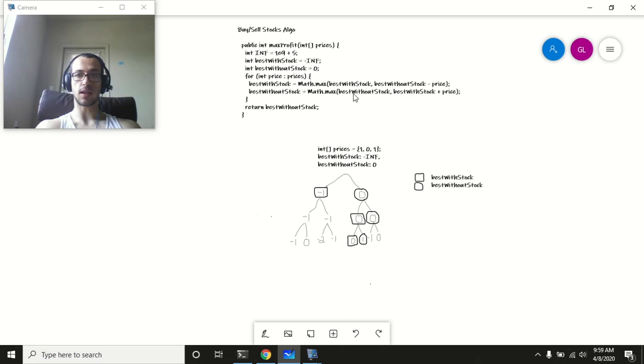Best without stock, we compare the previous best without stock, 0, to best with stock plus the price. So we sell. We own 1 share and then we sell for $0. So we're comparing -1 to, in this case, 0.